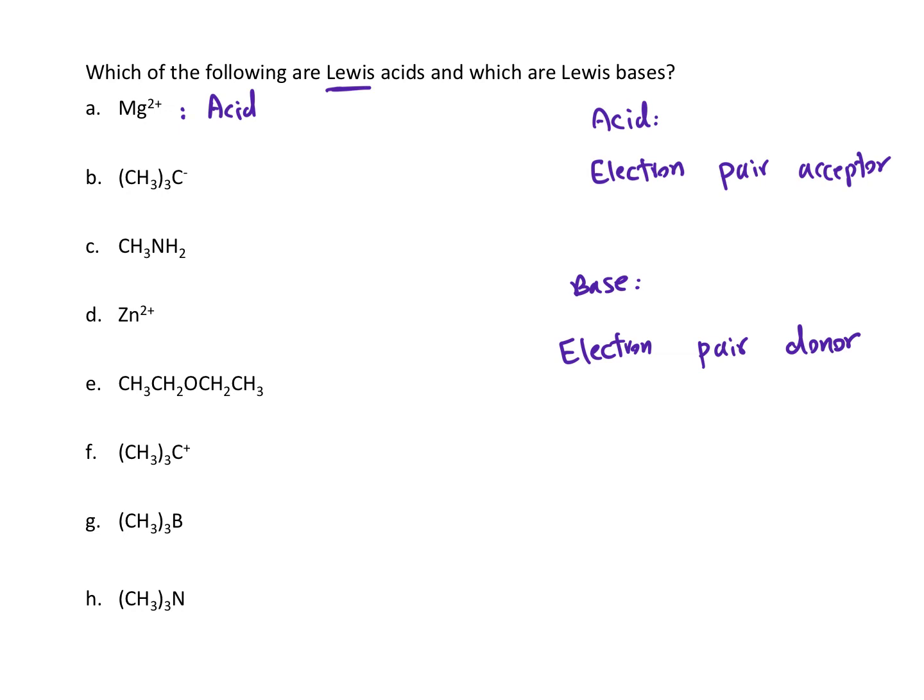What about CH3 3C? I think I have this here, so we can just neglect that. What about CH3NH2? If you see something that doesn't have a charge, right? What is the best way to know if it's a Lewis acid or Lewis base?